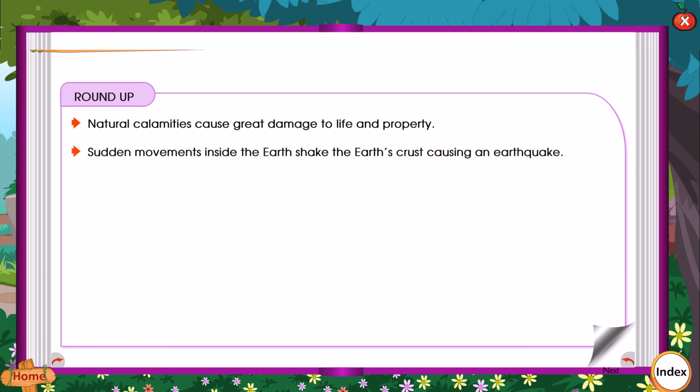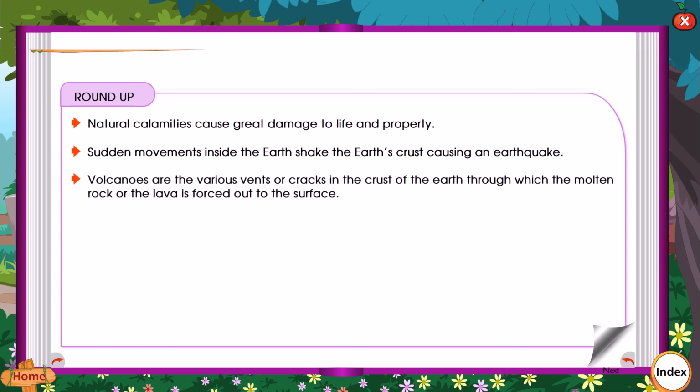Roundup. Natural calamities cause great damage to life and property. Sudden movements inside the earth shake the earth's crust, causing an earthquake. Volcanoes are the various vents or cracks in the crust of the earth through which the molten rock or the lava is forced out to the surface.